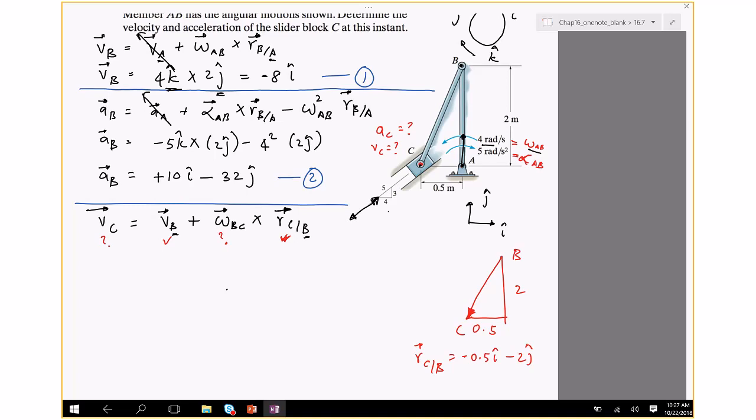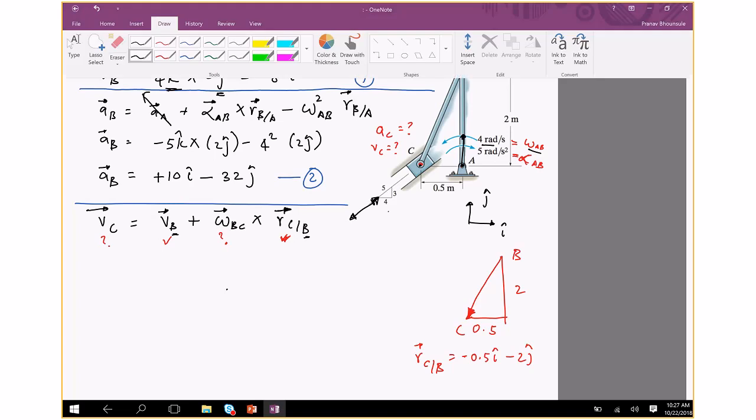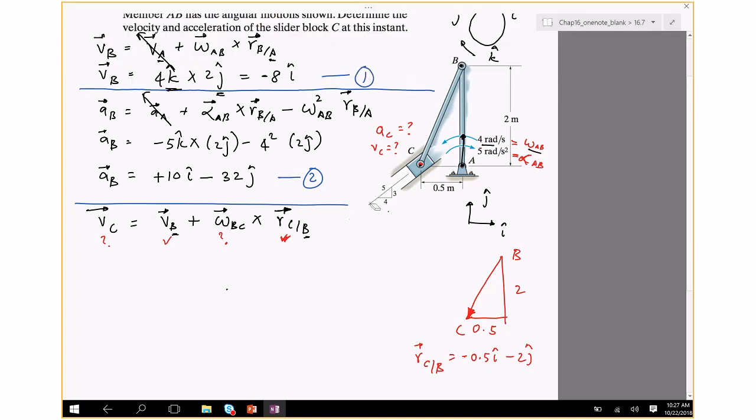So I'll assume VC to be this way, because then I have a positive x and a positive y. But you don't have to do that. So VC is the magnitude times a unit vector in the direction of the arrow.